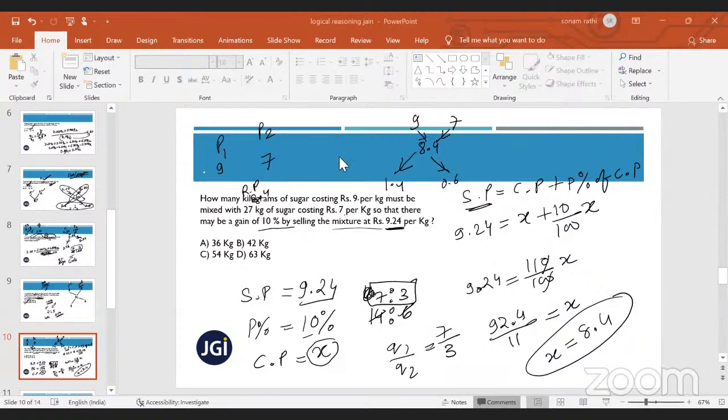Seven is to 3. Now read the question. How many kilogram of sugar costing 9 per kg must be mixed with 27? So second quantity is given to you. Q2 is given to you. Q2 is 27. So now can you find Q1?